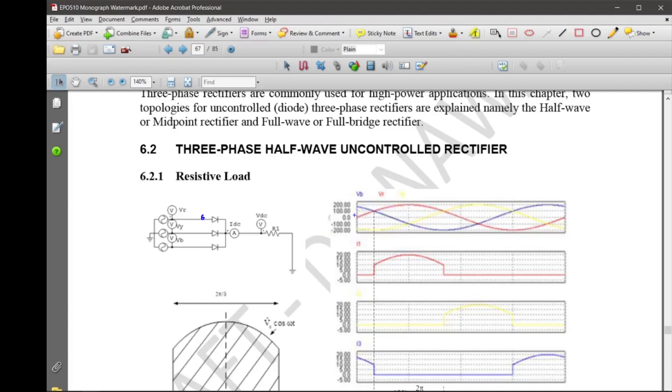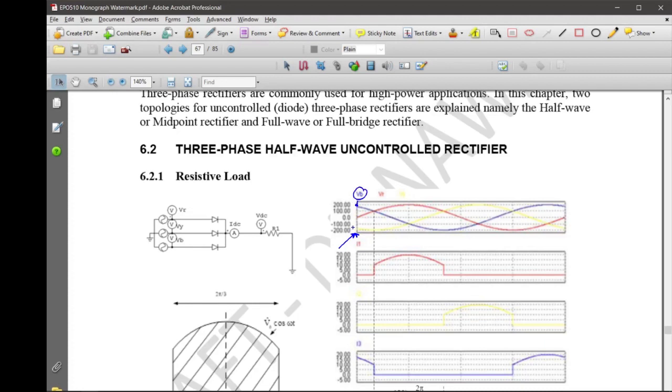So if you start at time 0 seconds here, if you look at 0 seconds there, the most positive voltage is at VB, isn't it?